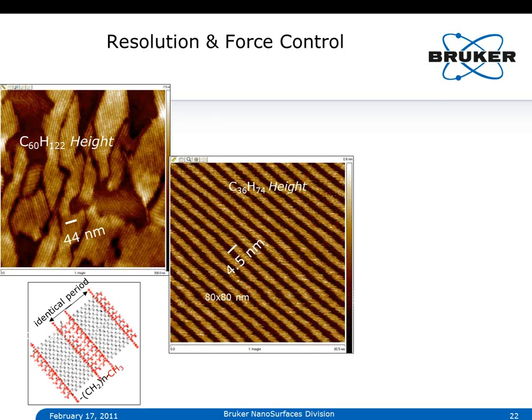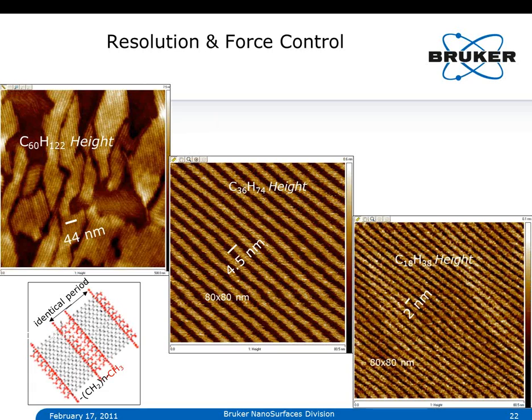And then the tips got improved, methods for tapping mode got improved, and people started to get images of C36, which are now a much shorter distance of 4.5 nanometers between lamella here. We were really happy, but now we can routinely get images of an even shorter alkane here, with a distance between lamella of only 2 nanometers.